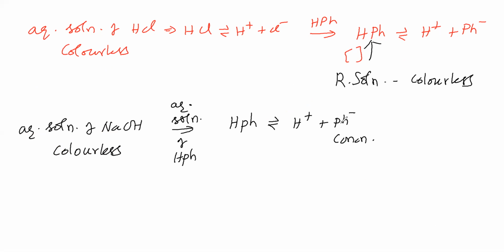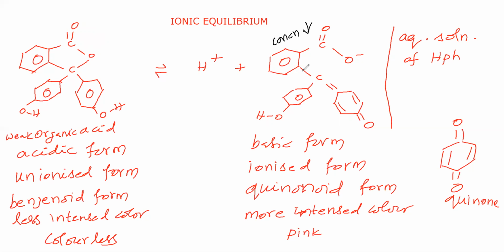How will these two concentrations be? The concentration of the ionized form will be high in the sodium hydroxide solution, and low in the plain phenolphthalein solution. Why has the concentration changed? Because the aqueous solution of sodium hydroxide gives hydroxide. That hydroxide neutralizes H plus. The aqueous solution of sodium hydroxide consumes H plus for acid-base neutralization. Therefore the concentration of H plus is reduced.